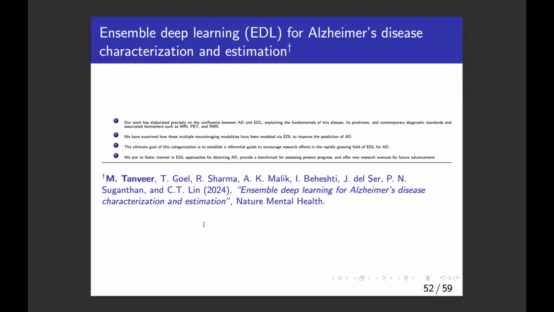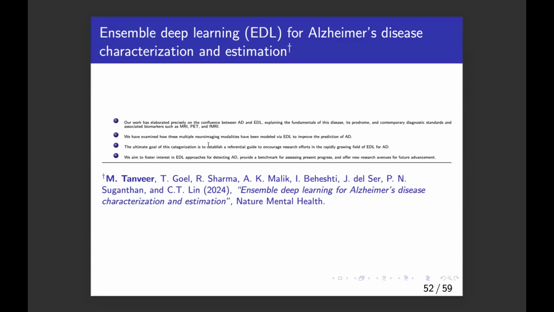There are several signs like challenges in planning or solving problems, confusing day with night, inappropriate use of words, mood change, memory loss, loss of vision, and several other symptoms of this Alzheimer's disease.